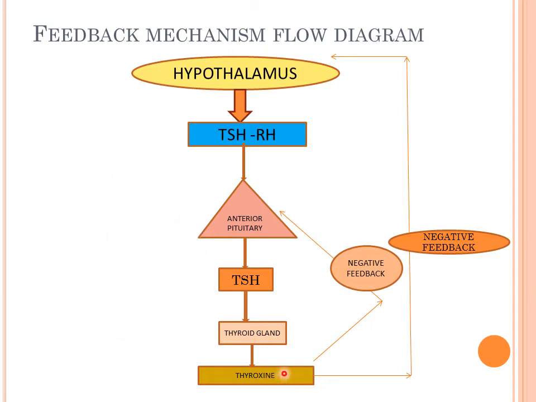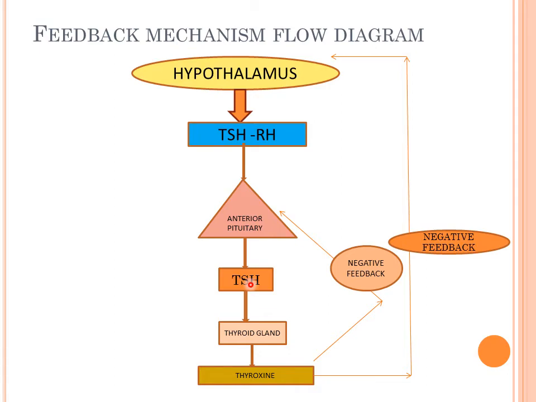So if the amount of thyroxine in the blood is less than normal, we will give a positive feedback to the anterior pituitary as well as the hypothalamus to secrete more of the releasing hormone. More of thyroid stimulating hormone is to be secreted.